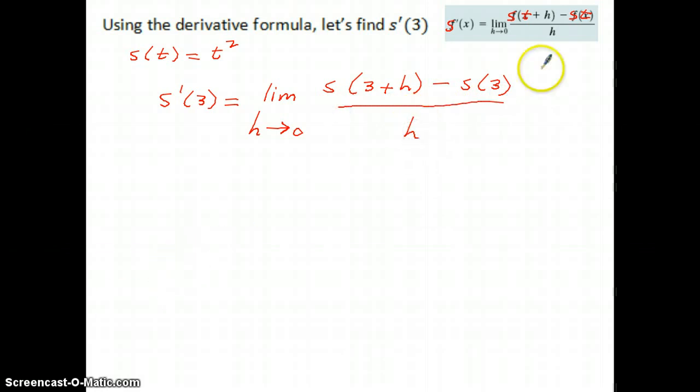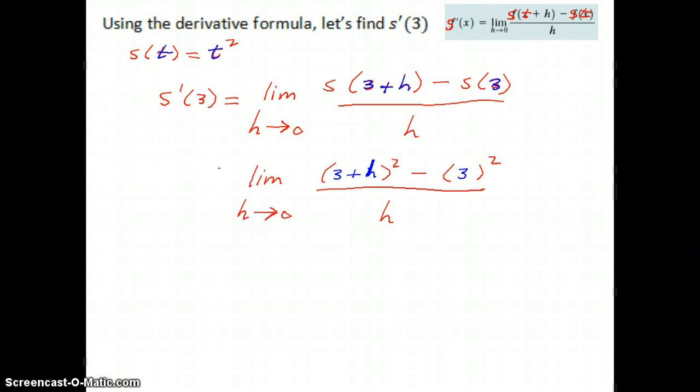What we want to do from here is plug in 3 plus h into our t spot, and plug in 3 into our t spot as well. Let's see what that looks like. Okay, so I've plugged in, and from here it's a matter of algebra skills to figure out this limit.